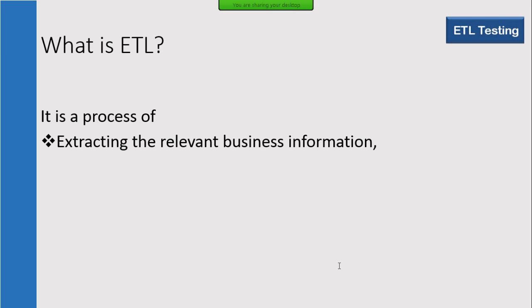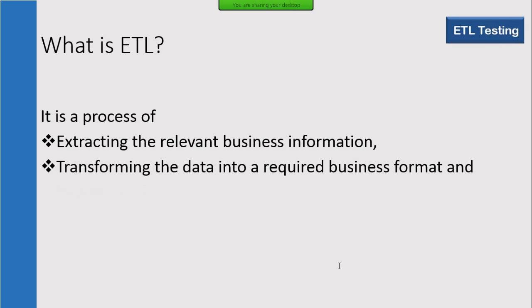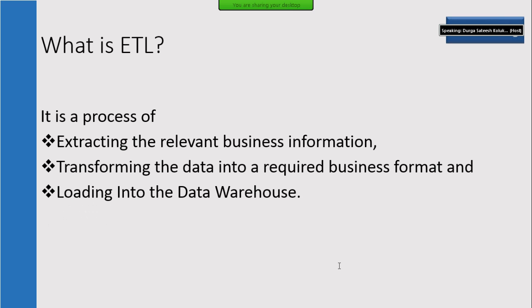After extracting, it transforms the data in a way that the business requires. That is your transformation, T stands for transformation. Then it loads the data into your warehouse, a storage location where you have the entire transformed data. Now this transformed data will help the business intelligence people, I mean your managers.